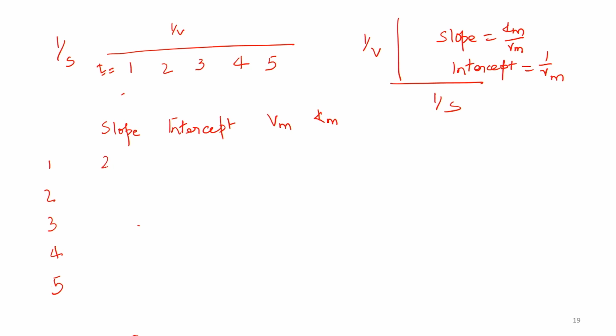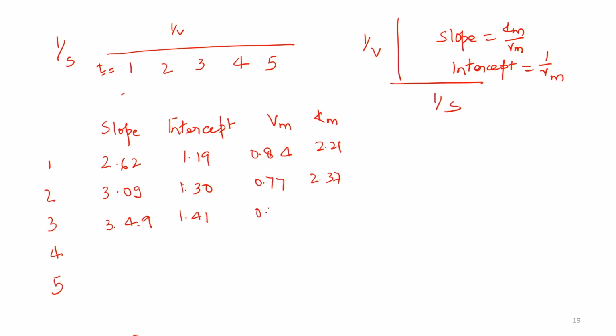The slope value is 2.62, intercept 1.19, Vm is 0.84 and Km is 2.21. In the second case, we are getting slope as 3.09, intercept 1.30 and the corresponding value of Vm is 0.77 and Km is 2.37. Again, for the third case, we have slope 3.49, intercept 1.41.